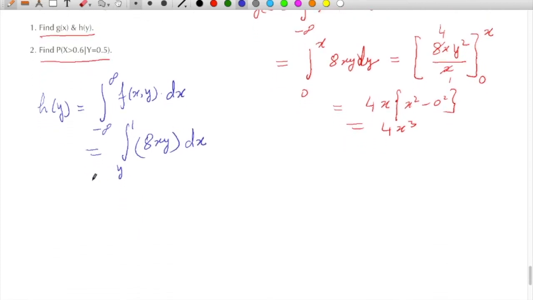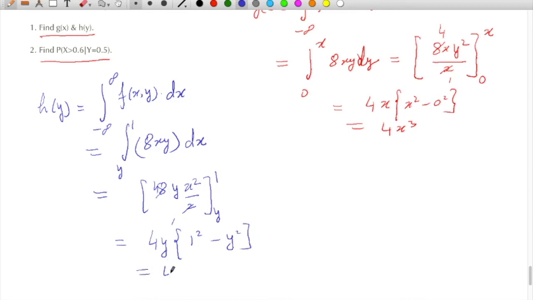Now see what will happen in the next line: 8y times x squared by 2. Range is from y to 1. So 4y is a constant here, but in the bracket it will be 1 squared minus y squared. That will be 4y(1 minus y squared).